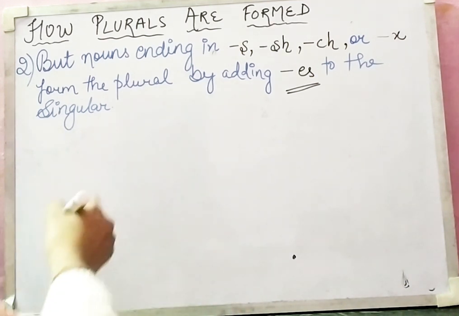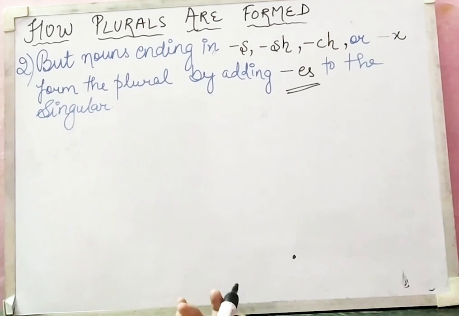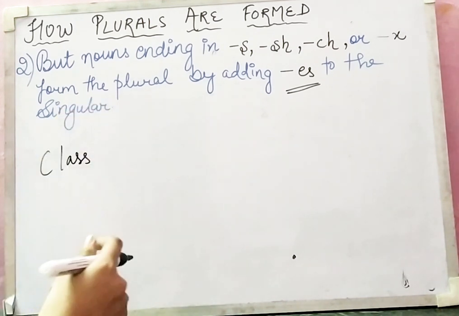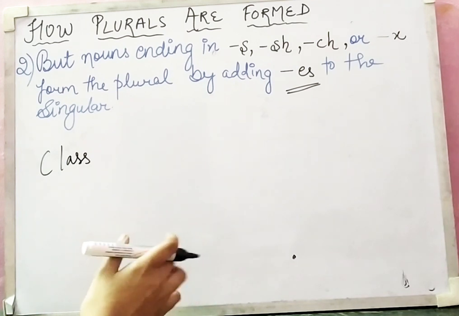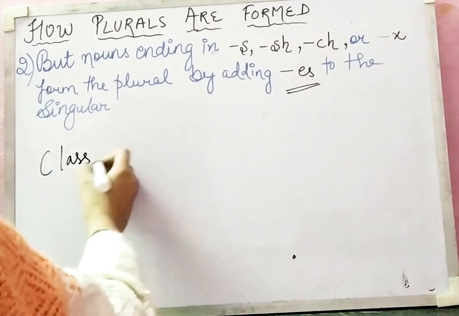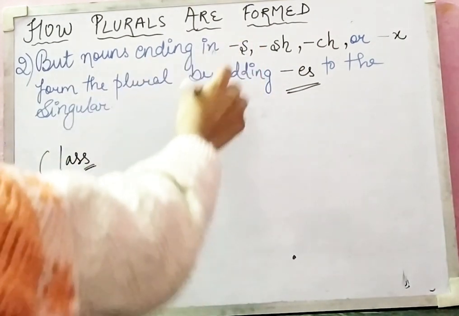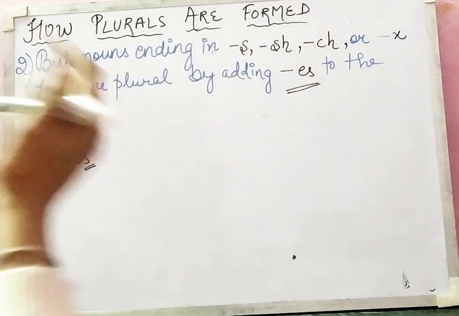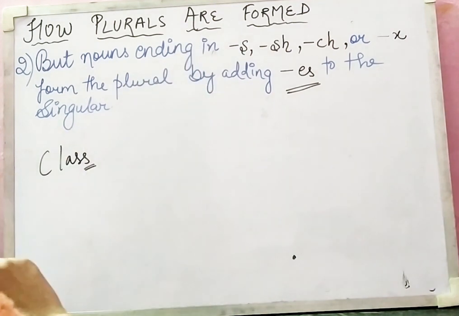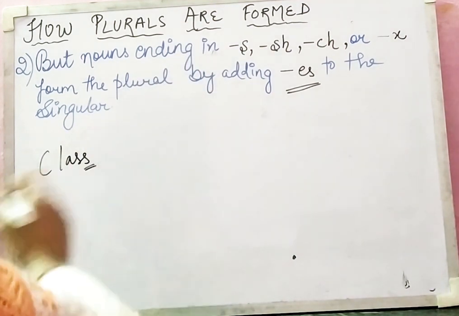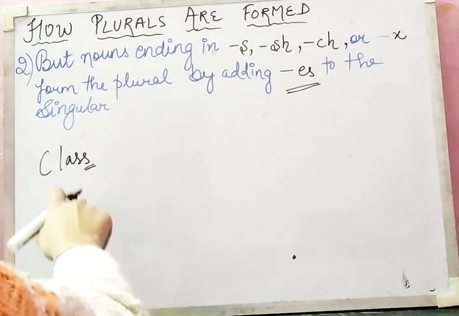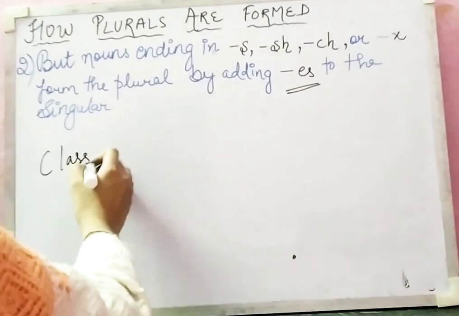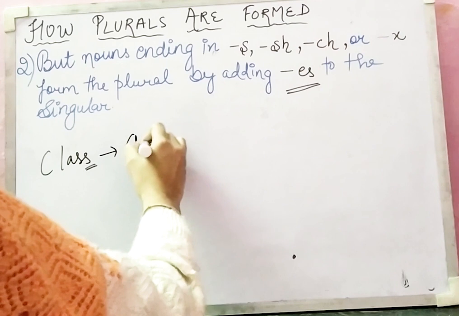Here one example is class. You all know that class is a noun and there is s at the end. So this class will become plural by adding es, meaning class will be classes.